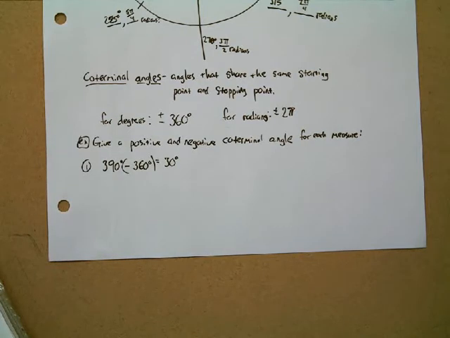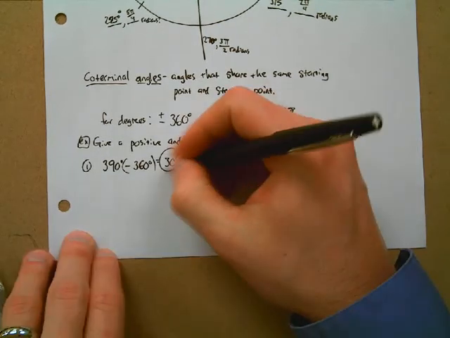But I'm also supposed to come up with a negative coterminal angle here. So how should we try and get a negative one from this point? What should we do? I have a positive one. 30 degrees is coterminal to that 390. They differ by 360 degrees.